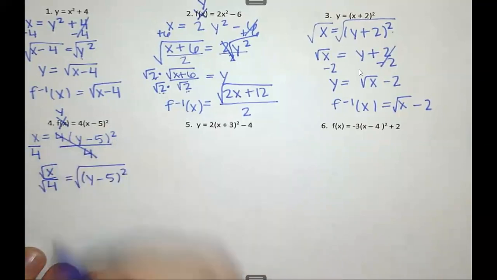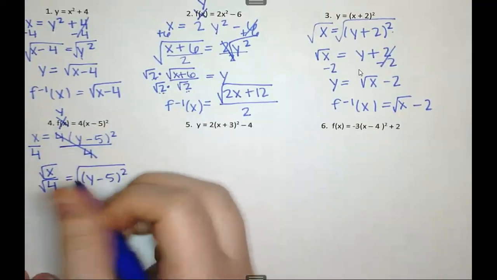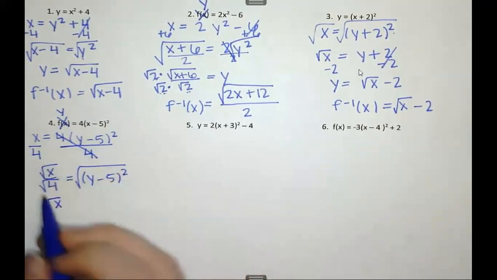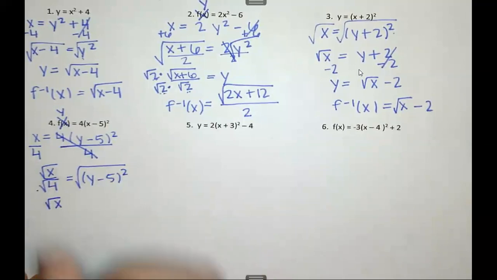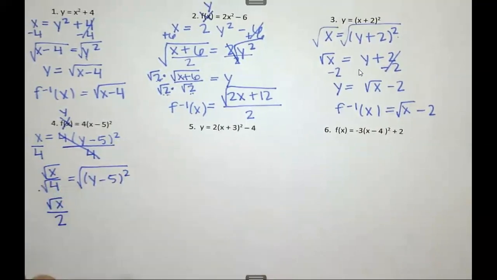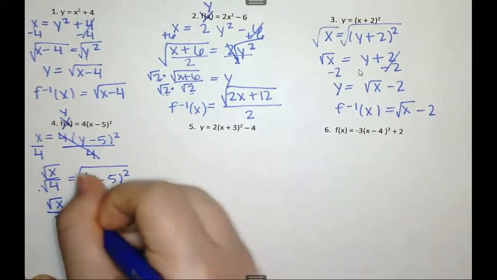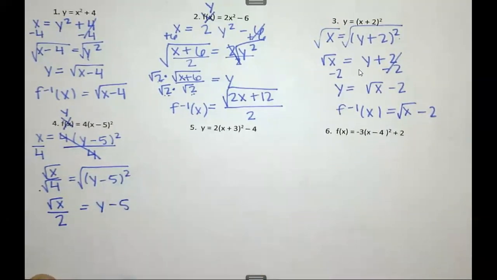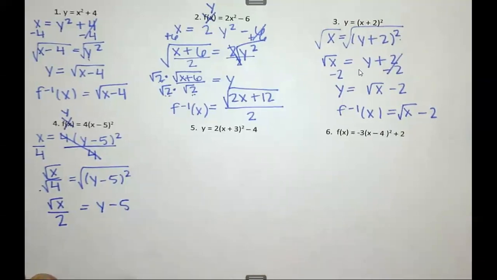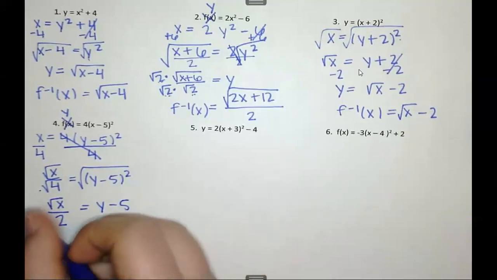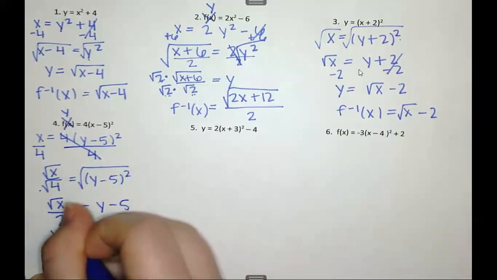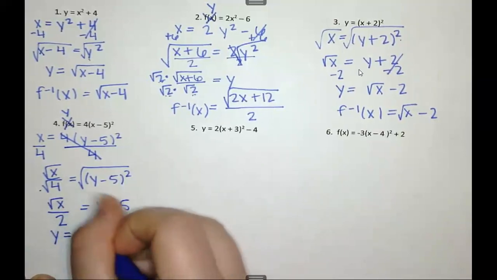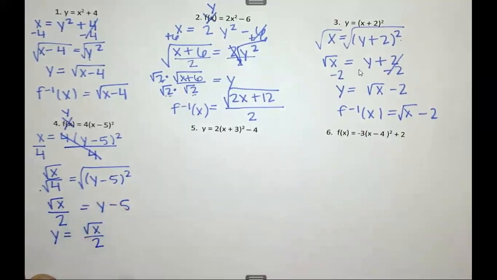All right. Now, we would have the square root of x. I can actually simplify this because the square root of 4 is 2. Is equal to y minus 5. My last step would be to move this 5 over by adding it. I'm going to move my y over here to the left. So I'm going to have y equals square root of x over 2.